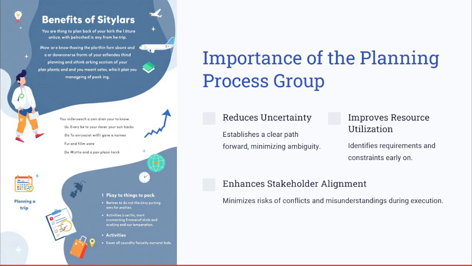Moreover, planning ensures stakeholders are aligned, minimizing the risks of conflicts and misunderstanding during the execution. This alignment is critical, especially for projects involving multiple departments or external partners, as it sets the stage for collaborative success.